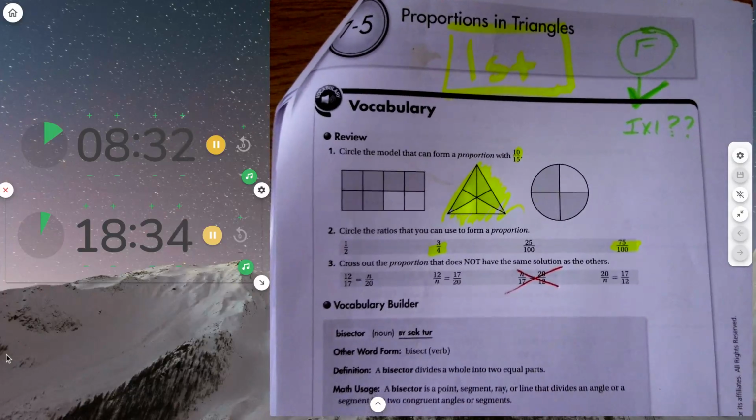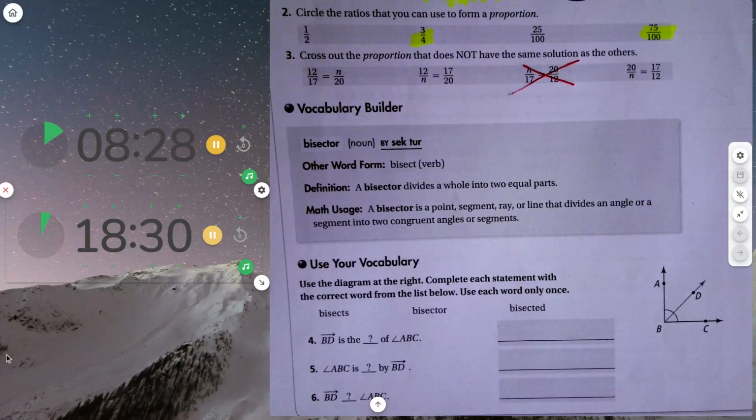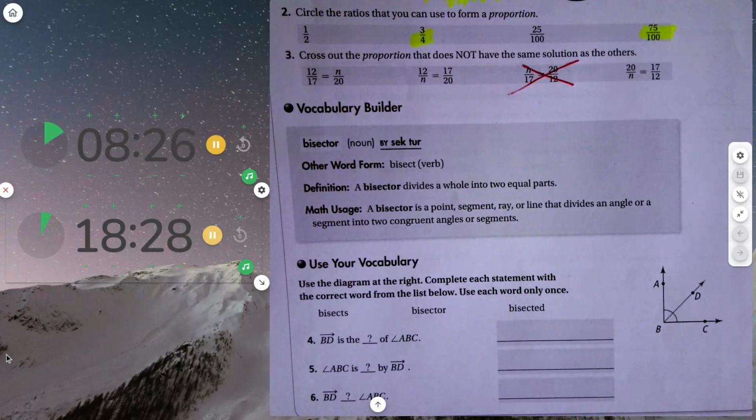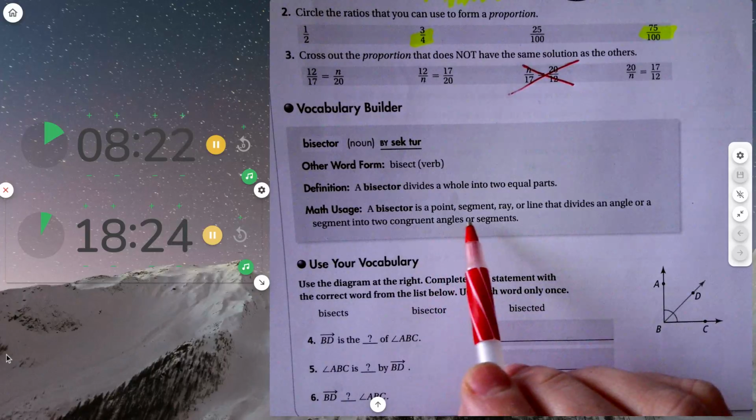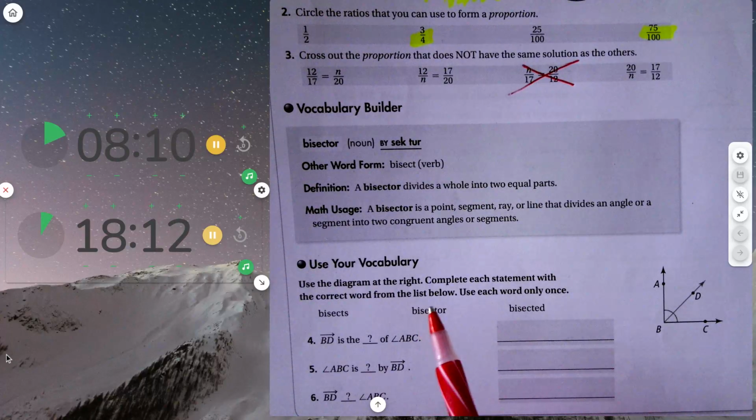Okay, vocab builder. Bisector. Divides a whole into two equal parts. A bisector is a point, segment, ray, or line that divides an angle or a segment into two congruent angles or segments. We've learned about a perpendicular bisector. We've learned about making congruent angles. Now we're going to talk about an angle bisector.